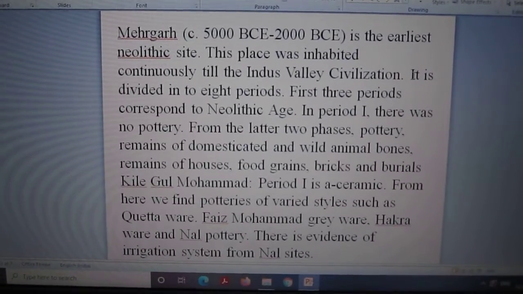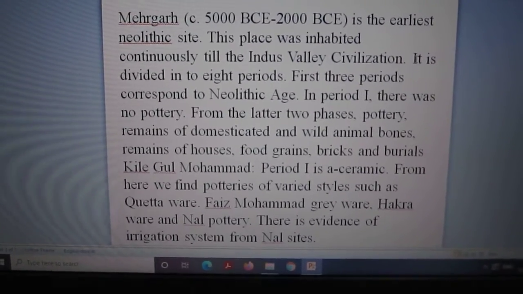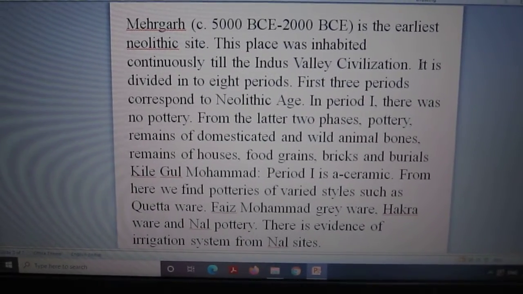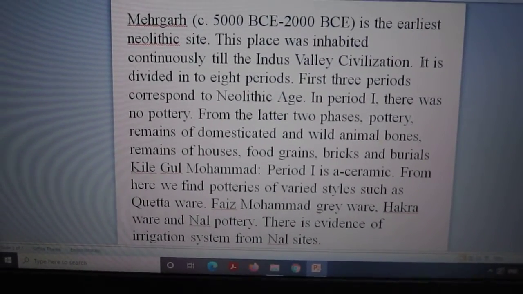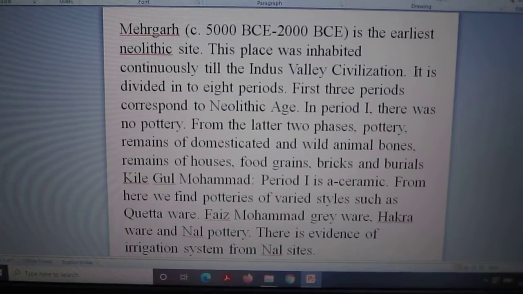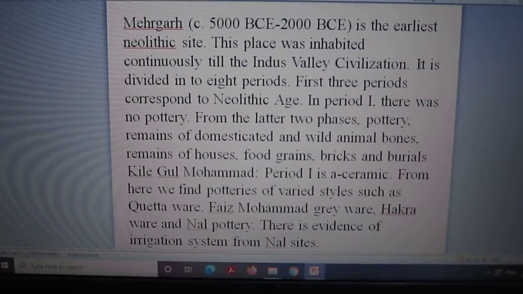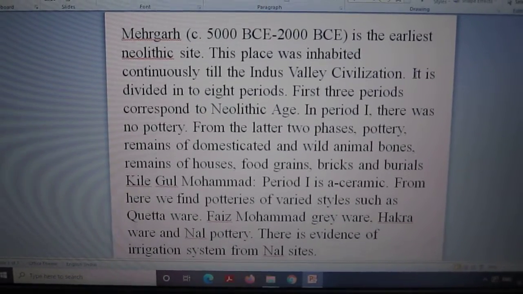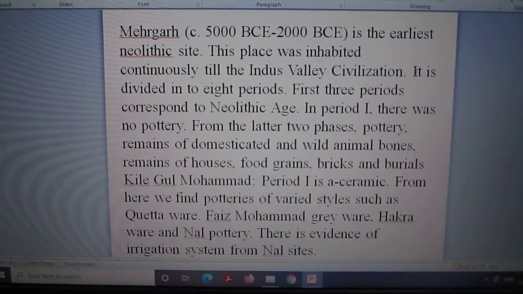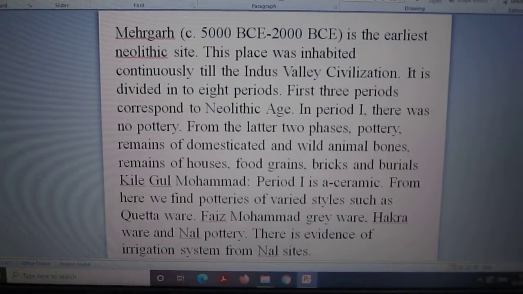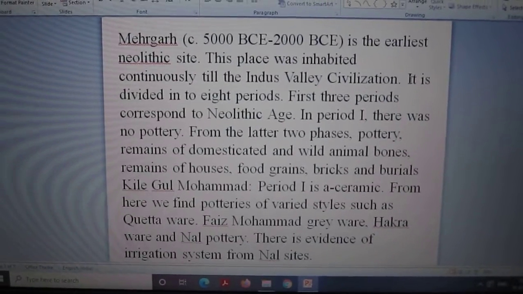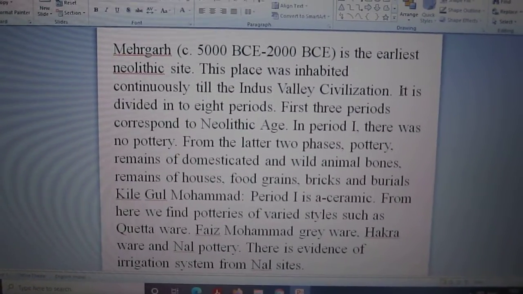Of these, the early 3 phases are associated with the Neolithic age. From the early 3 phases we find pottery, tool types, and residential remains that exhibit the presence of Neolithic people.